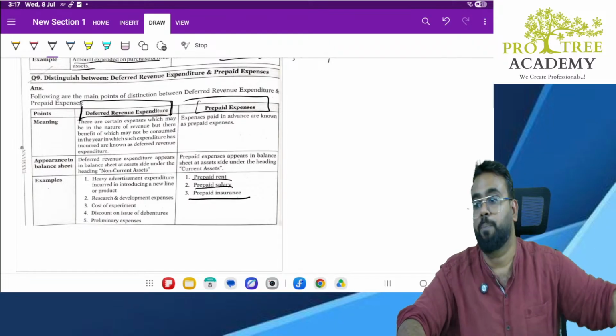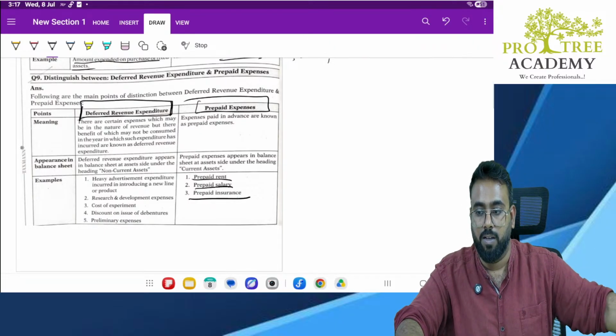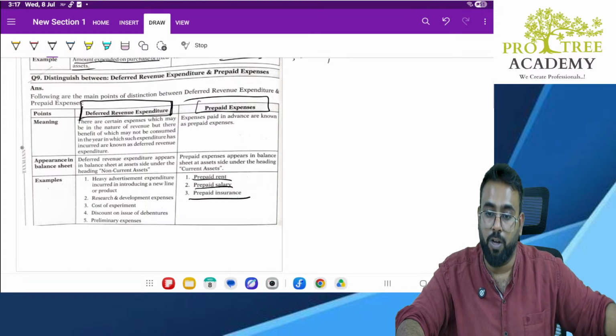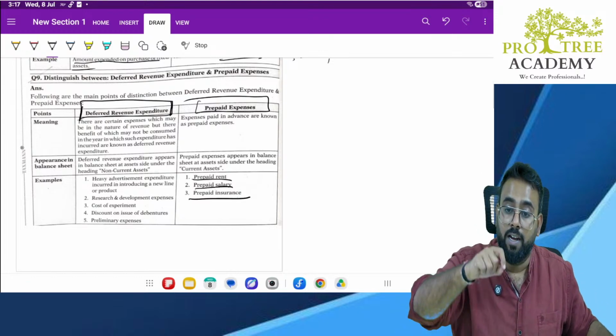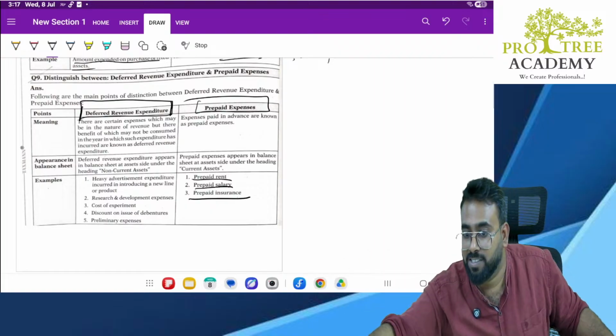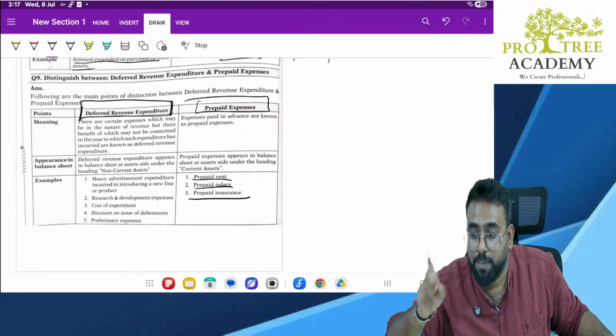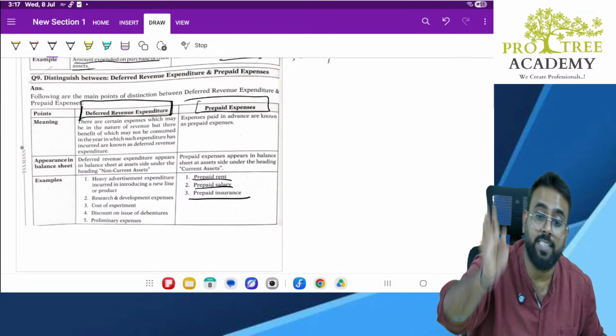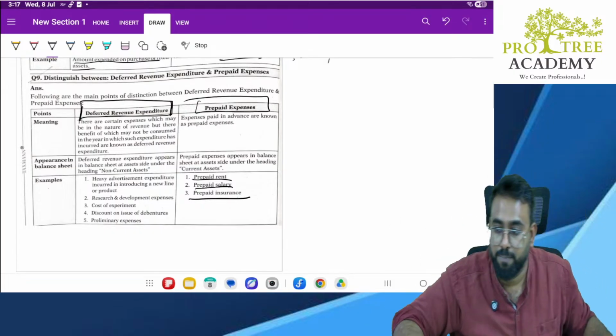The company is already incorporated. But here it is called deferred revenue, because you will derive the benefit of this expenditure over 5 years. Understanding? It is not prepaid, but the benefit of this expenditure will be derived over 5 years. That is why it is called deferred revenue expenditure.